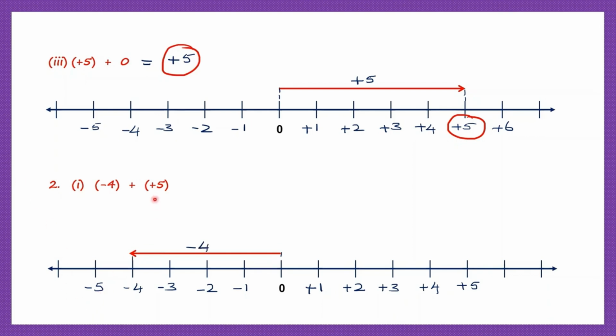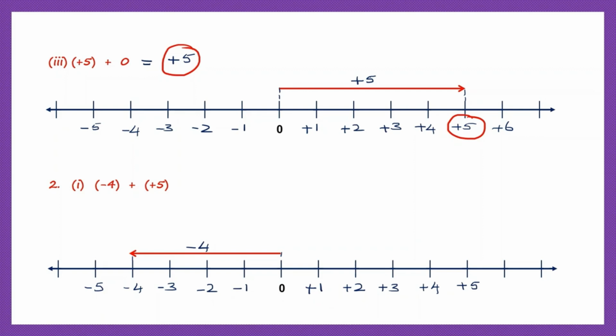Now let's look at the next integer. It's plus 5. That means wherever you have stopped, from there you have to move 5 steps to the right, because it's a plus sign, and 5 steps. So from minus 4, we're going to move 5 steps to the right. Let's see that. 1, 2, 3, 4, 5. We are coming up to plus 1.